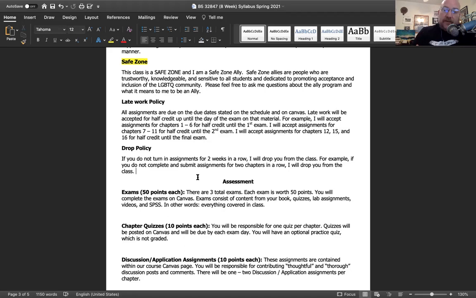Okay, now the safe zone is much more specific. Safe zone means that essentially I've gone through training and I'm officially letting everybody know that I'm an ally of the LGBTQ plus community.